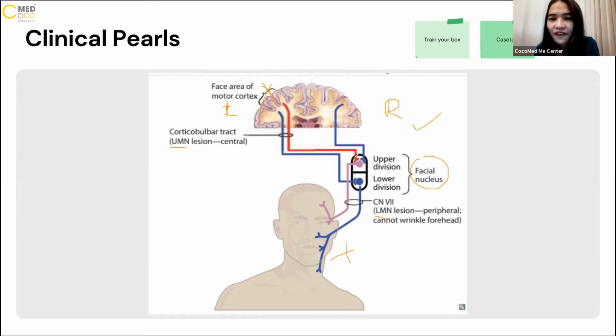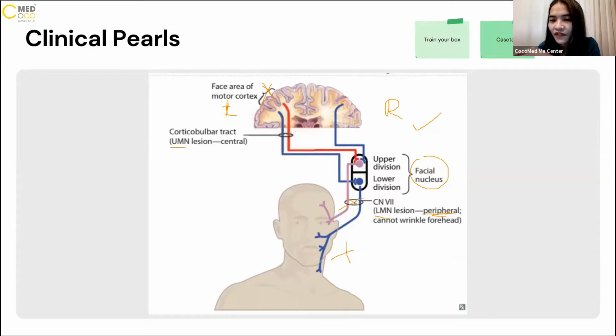So if they get that, it means central. It may happen in the brain. So it is not central, it is peripheral. So what happened? Where is the peripheral? Damage from this place.